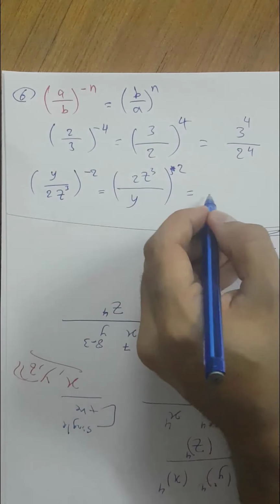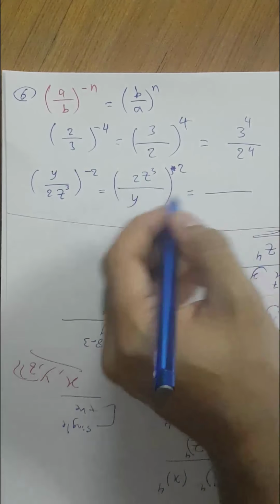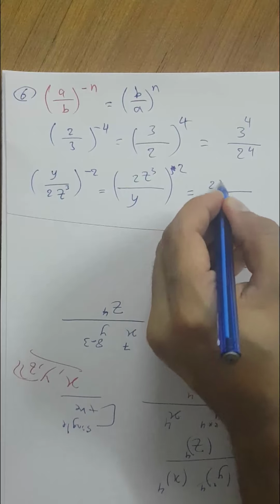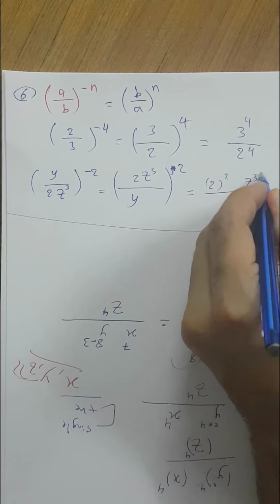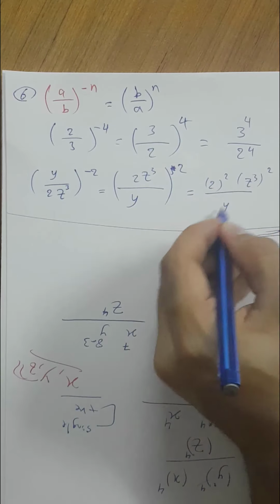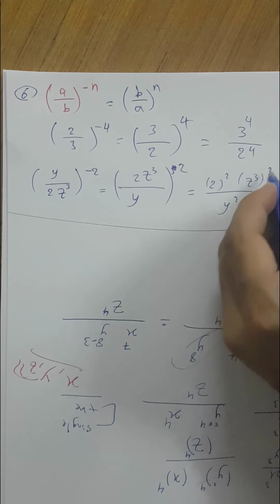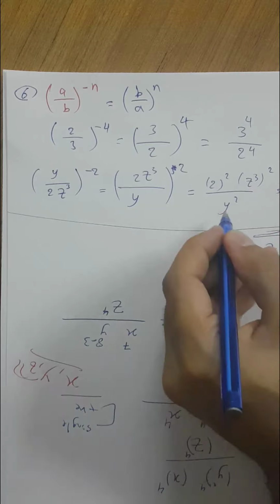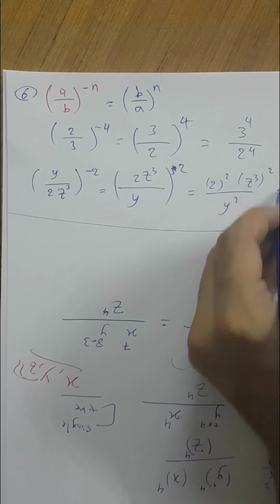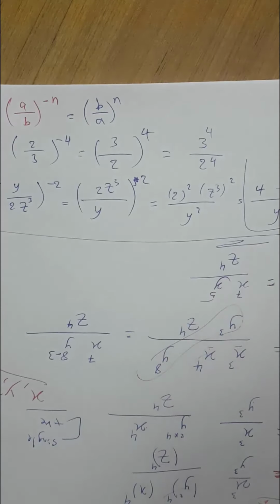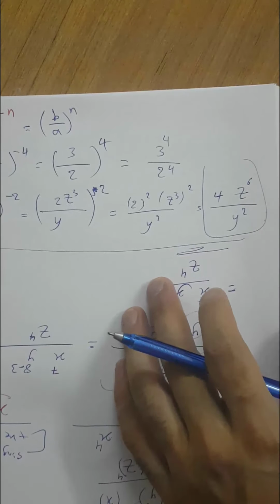So now it is equal to what? By the first law or the third law, we have 2 to power 2 and z to power 3 to power 2, and also y to power 2, which is equal to 4z to power, by the third law, 6, y squared. Now I have a positive single exponent, which is equal to this result.